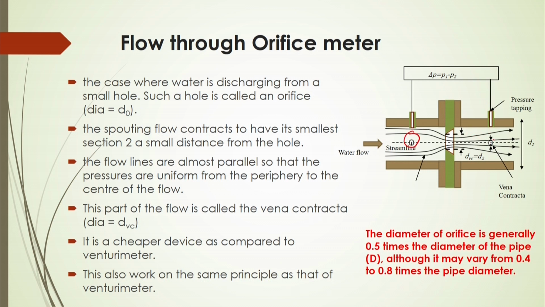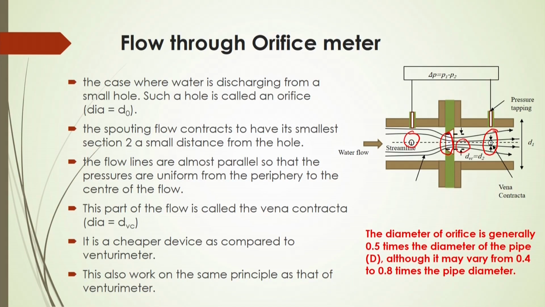Consider section 2 here. In between, you are using that obstruction as a hole, called an orifice hole, and there will be a spouting flow, which will contract to its smallest section 2 a small distance from the hole.